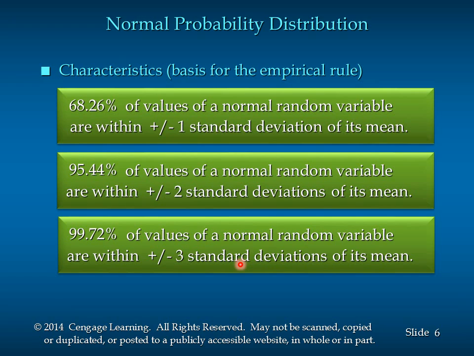So, if your mean is 30 and your standard deviation is 10, if you go out 1 standard deviation, what's the value at plus 1 standard deviation? 40.